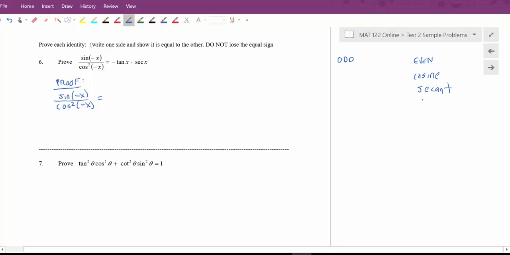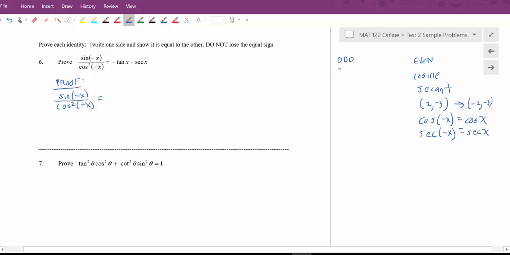Basically like if you had a point 2, -3, if you changed the x to a negative, the y would stay the same. So what this means is if you do the cosine of the opposite number, you're going to get the same thing back. Okay, and then you would also have the identity secant -x equals secant x. That's how even functions work.